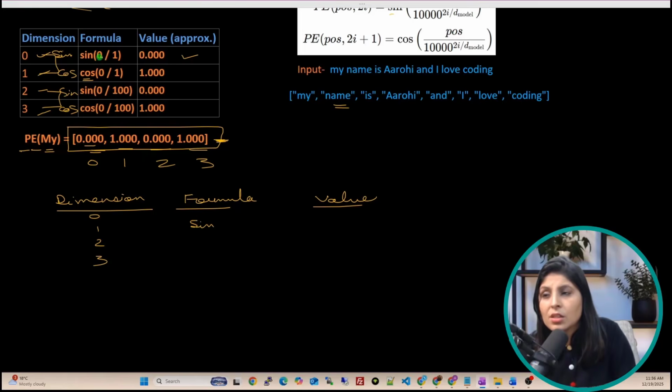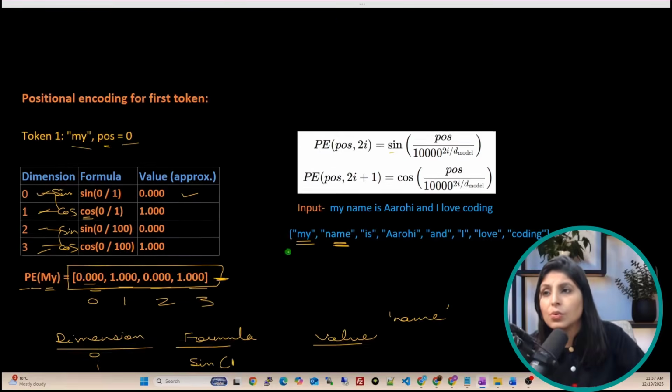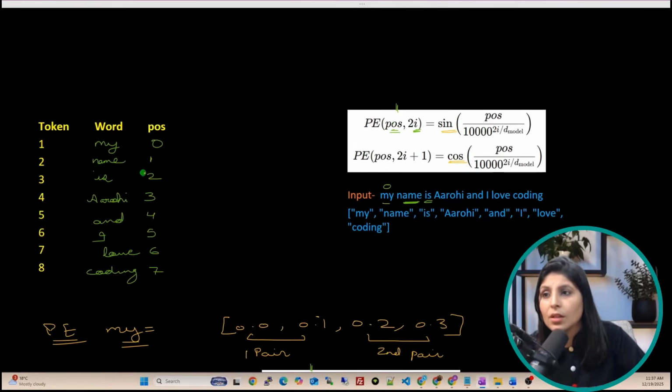What is the position this time? Earlier the position was 0, that's why we have written 0 over here. This time the position is 1. The position of which token? We are talking about the name token right now. So we have solved for my, and now we want to get the positional encoding vector for the name token. So name is at which position? See, name is at position 1.